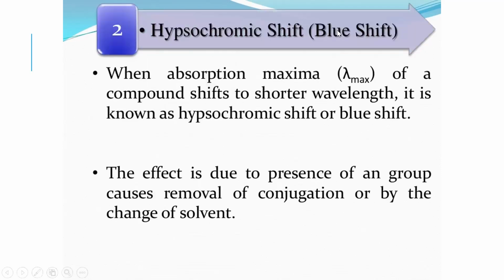Next, hypsochromic shift or blue shift. This is when the absorption maxima of a compound shift to shorter wavelength. It is known as hypsochromic shift or blue shift. This effect is due to the presence of a group that causes removal of conjugation or by change of solvent.